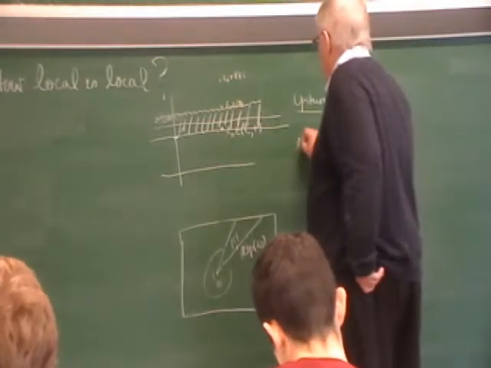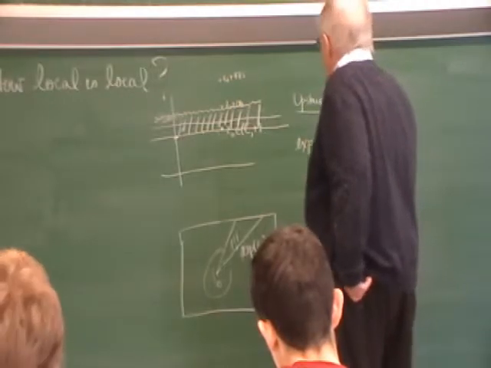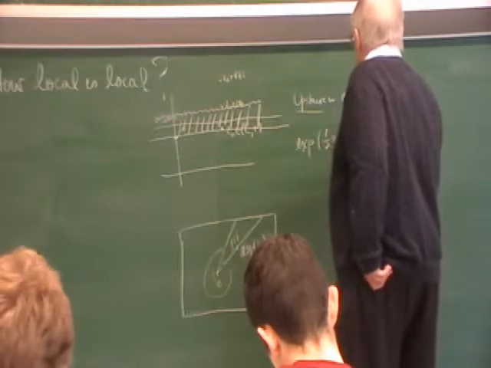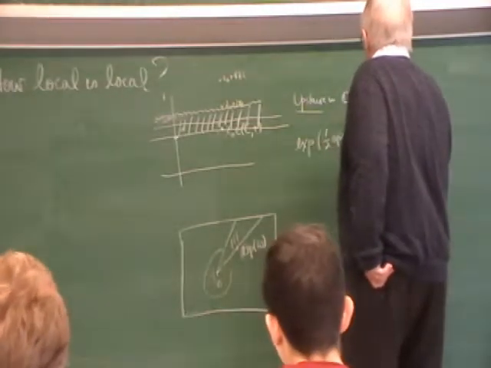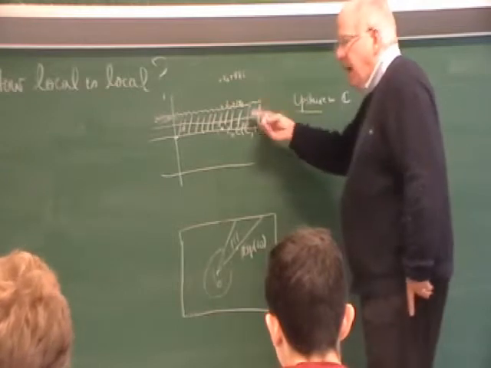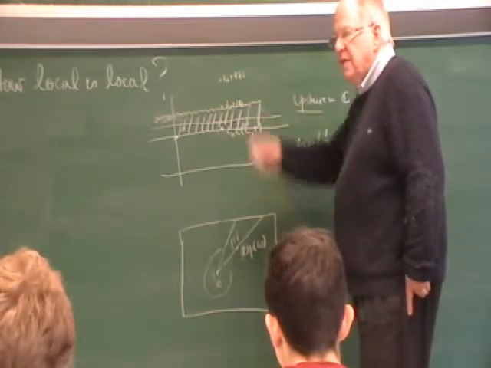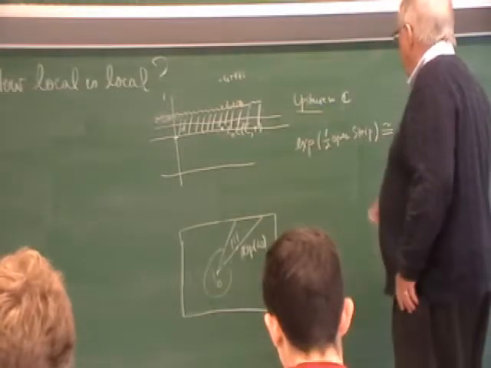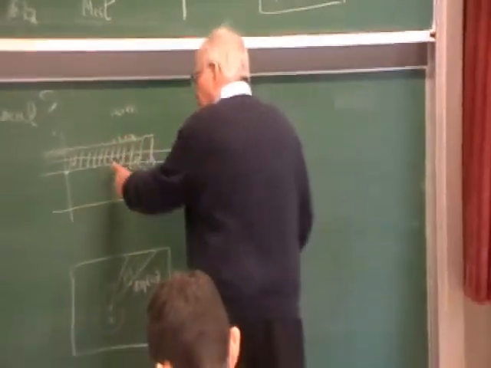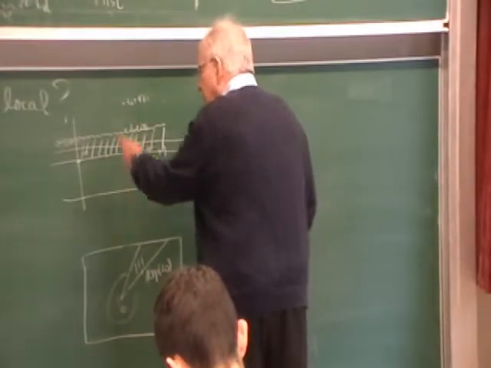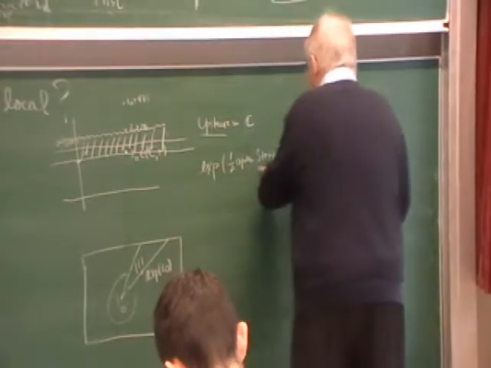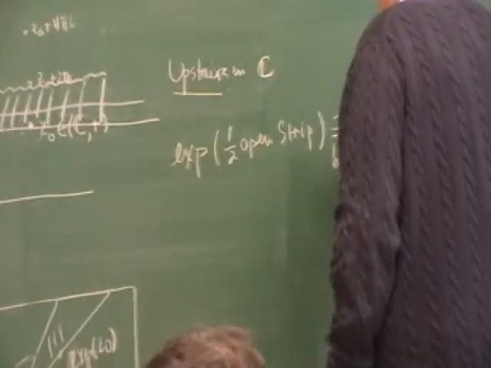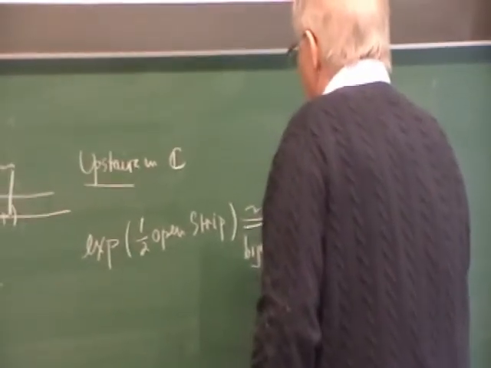Of course, this half-open strip is not a manifold. It has boundary. It's a manifold with boundary. It's not open. But this half-open strip is mapped, at least bijectively, onto C star.